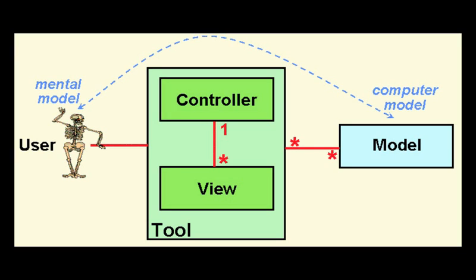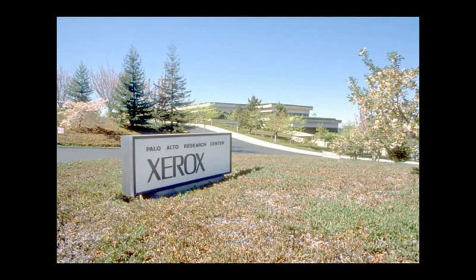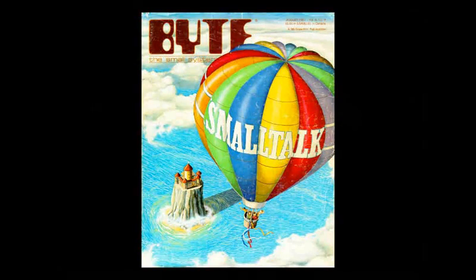Well, fast forward a few years into 1978, Dr. Reenskaug was out in Palo Alto, California, visiting at the Xerox Palo Alto Research Center, Xerox PARC. And at the time, he was working on a language called Smalltalk-80 to be precise.